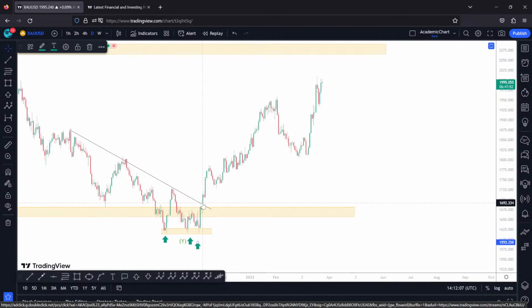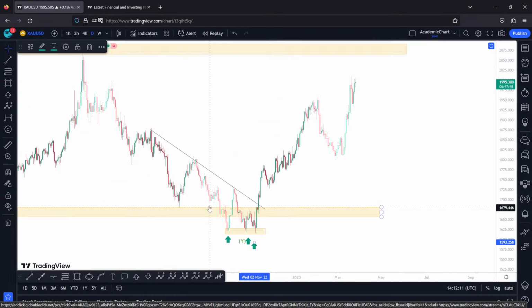So we had the breakout, and after that we are seeing this rally here from the daily perspective.